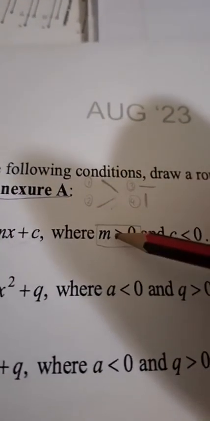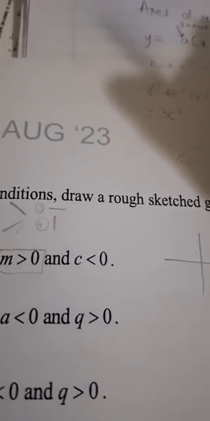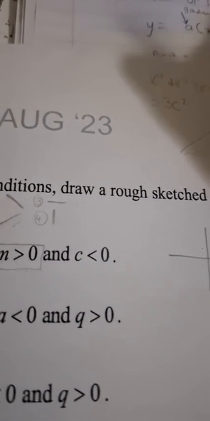And I agree 100% with Nuri that yes, when m is positive, or when the gradient is positive, it's an increasing straight line. In other words, as x increases, remember x increases from left to right, we are moving in this direction, then y also increases from the bottom to the top.